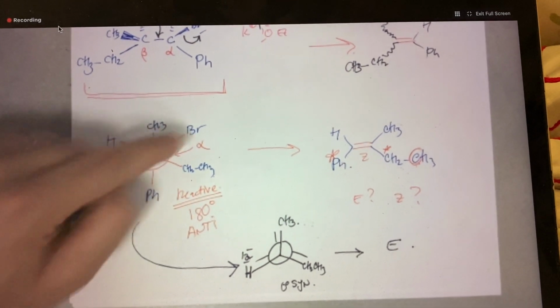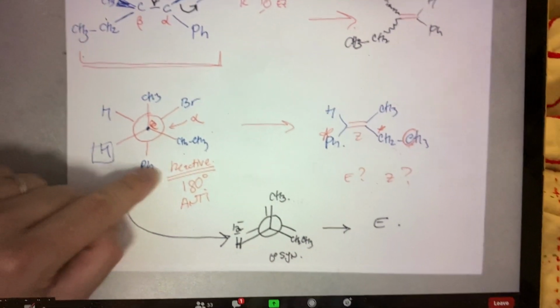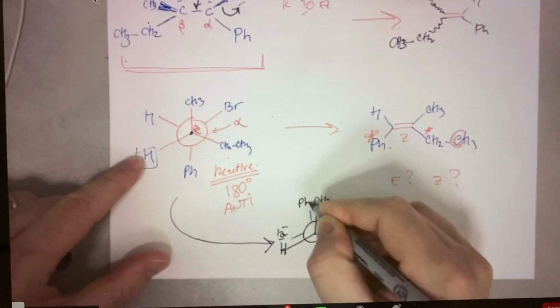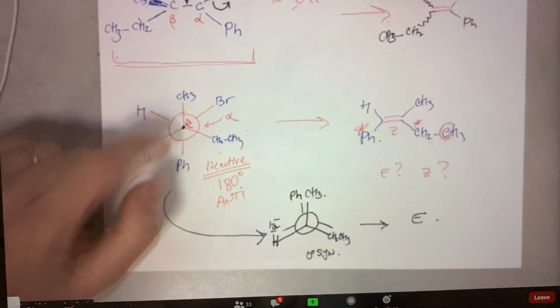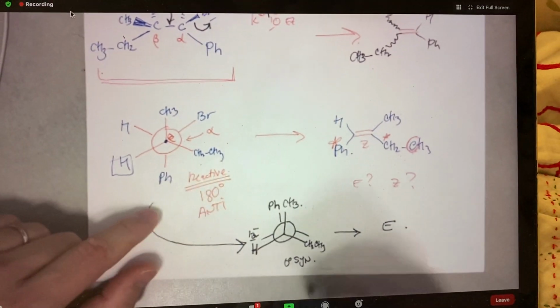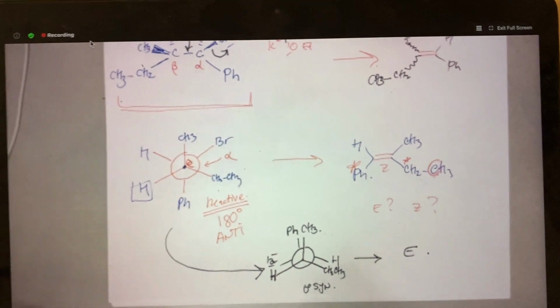If bromine comes over to hydrogen and it becomes eclipsed, then if phenyl goes 180 degrees clockwise, it should be eclipsed with this methyl group. And then this hydrogen, if we rotate 180 degrees, it should become eclipsed with this ethyl group.